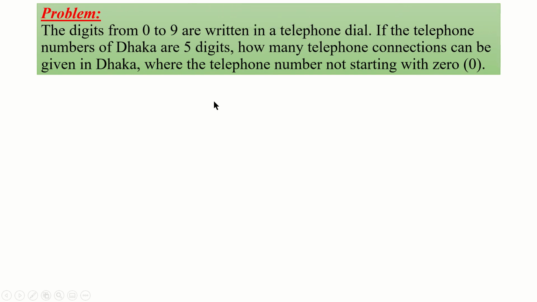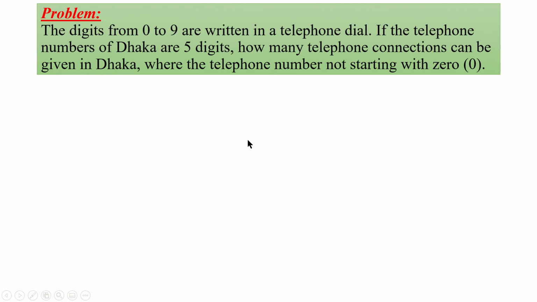As the first digit is not starting with 0, the first place can be filled up in 9 ways, because 0 to 9 is a total of how many digits? 10 digits. So the first place can be filled up in 9 ways and the total digits will be 5.